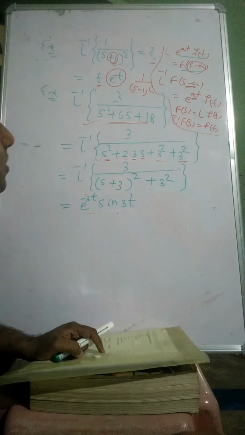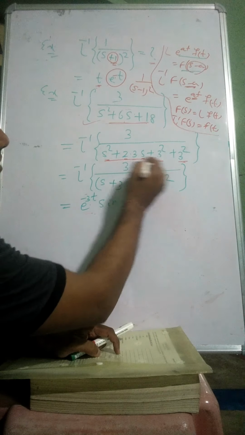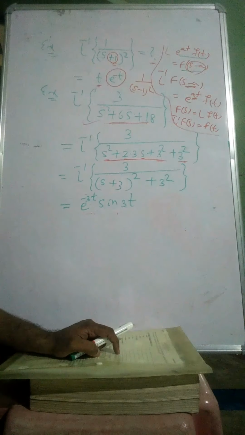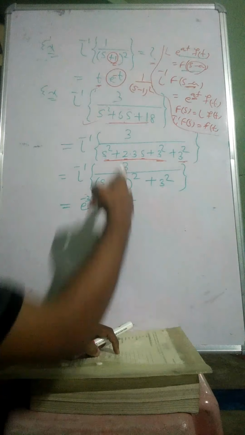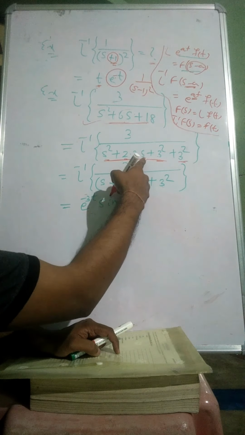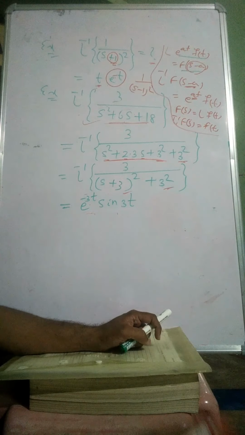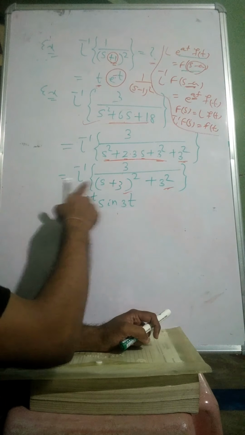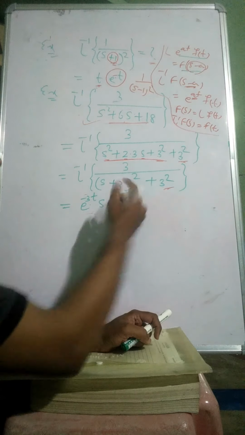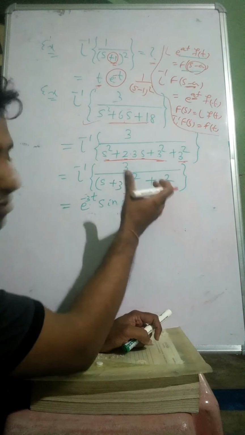Now you can see the first three terms will give what? s square plus 3 square plus 2 into 3 into s, so this is your (s plus 3) whole square, is it not? Then the rest part is plus 3 square. Now see, to find Laplace inverse of this, the bracketed term looks like what?